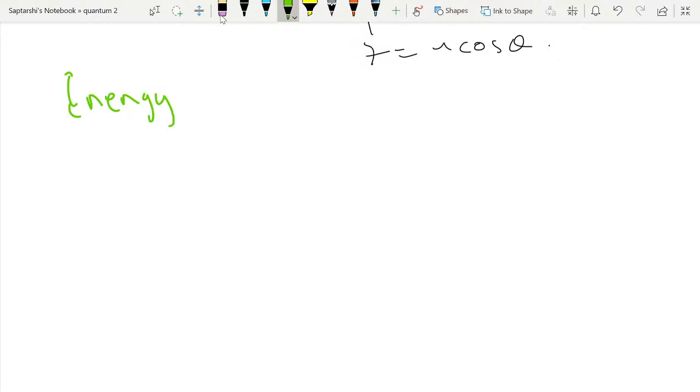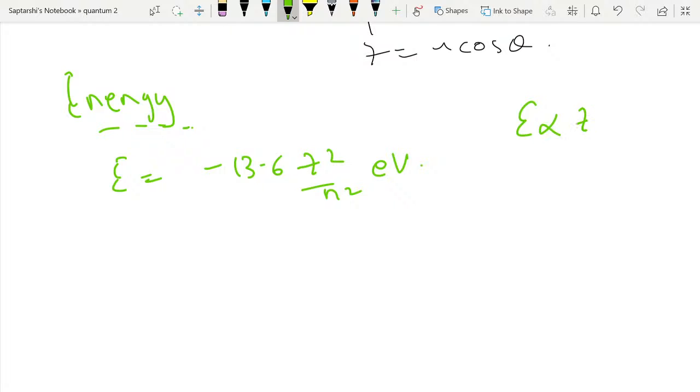Energy. So the energy for the hydrogen atom is given in this form: E equals minus 13.6 Z square by N square electron volt. So it's also written that energy is proportional to Z square by N square.